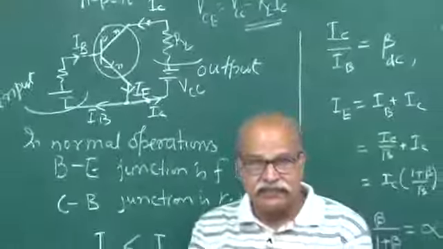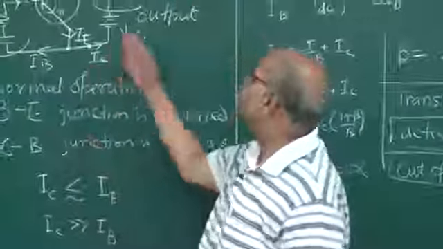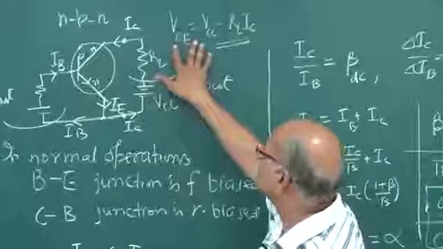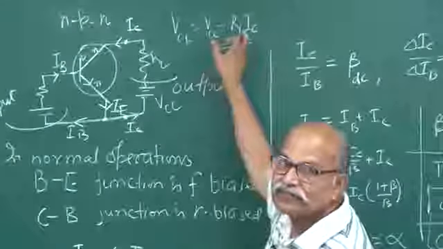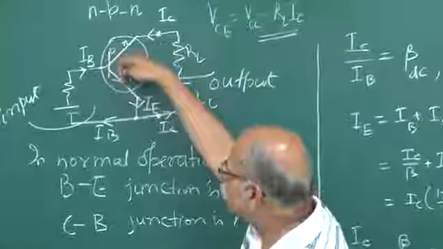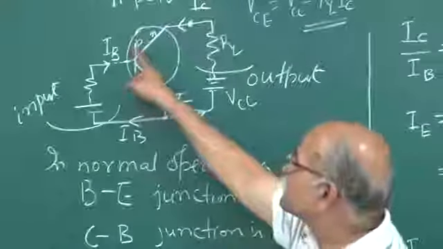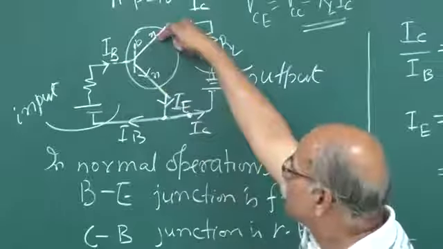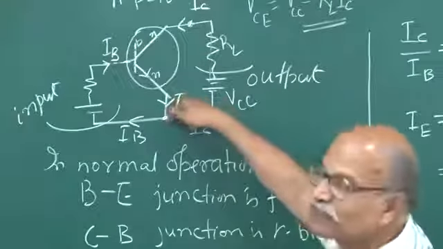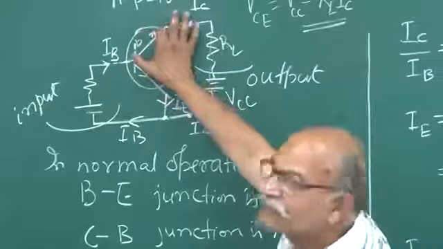In certain situations it may so happen that this current IC is large and this drop makes VCE small. And if this VCE is small, remember, you also have a drop here. Your base collector junction has to be reverse biased, so the collector voltage should be more than the base voltage, and this difference should be this drop plus this reverse bias.